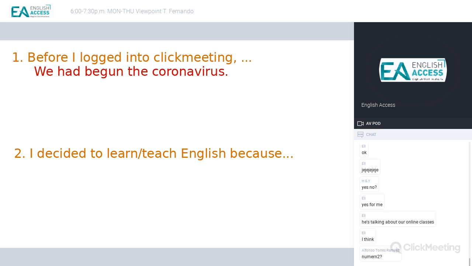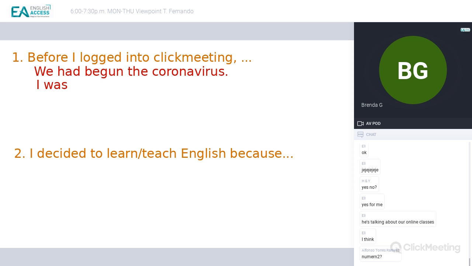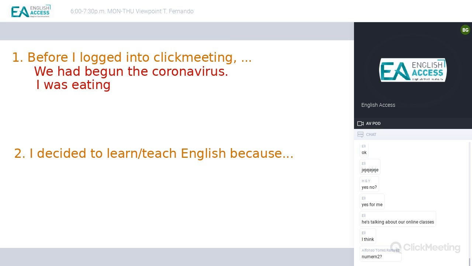Yes, Fonzo. Brenda, you can type it or you can speak it, whatever you prefer. Before I log into Click Meeting, I was eating lime ice cream. I was eating. Okay, that is correct.